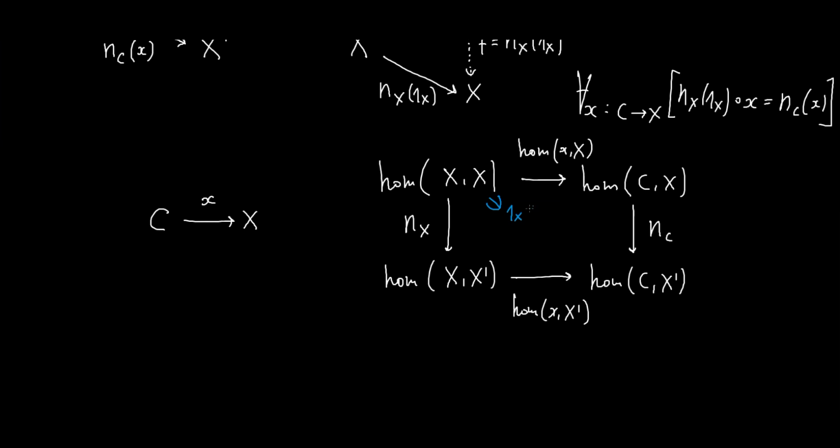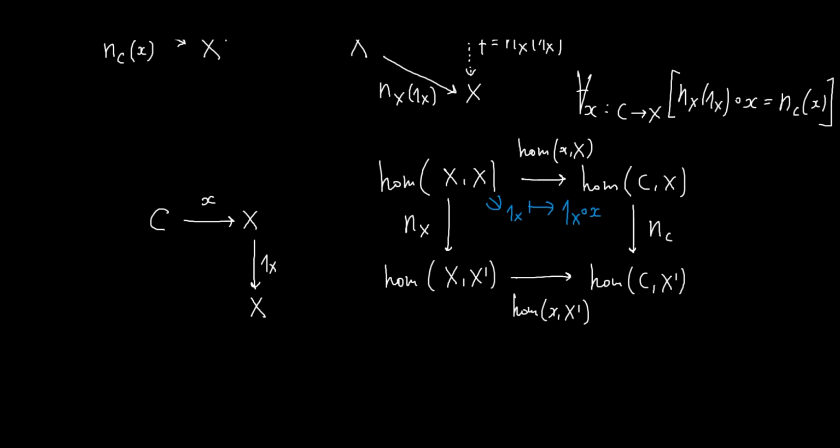But let's see what that place is. So the identity of X mapped to the right by the hom dash X function will be just the composite of the identity of X with small x. So in the diagram here, we've got the identity of X there.